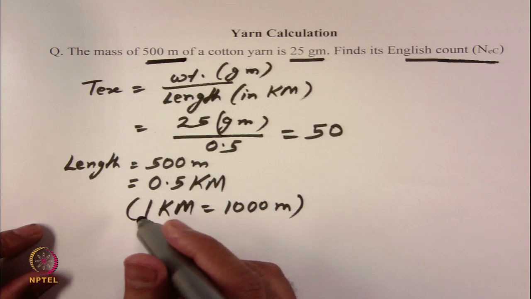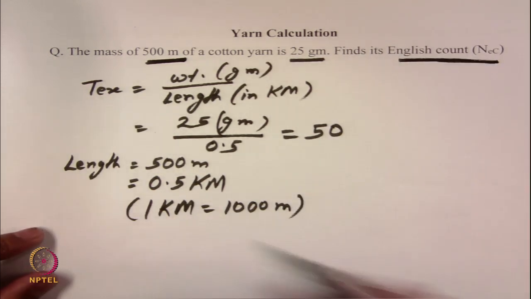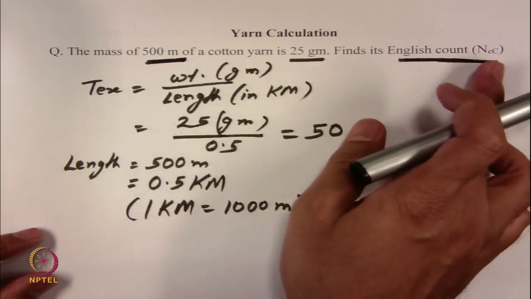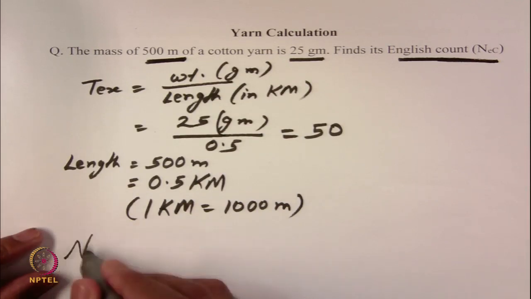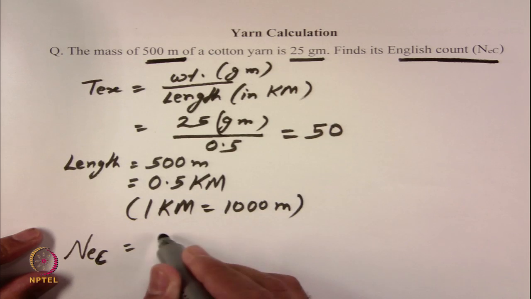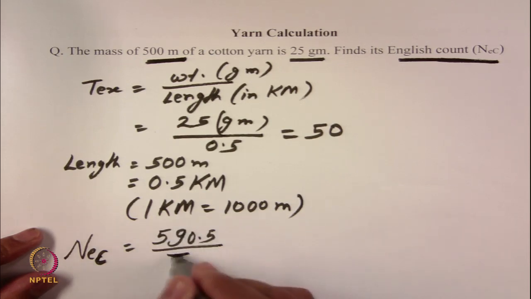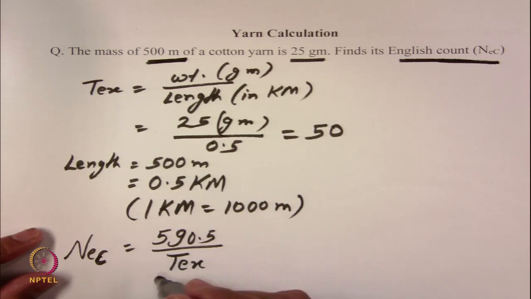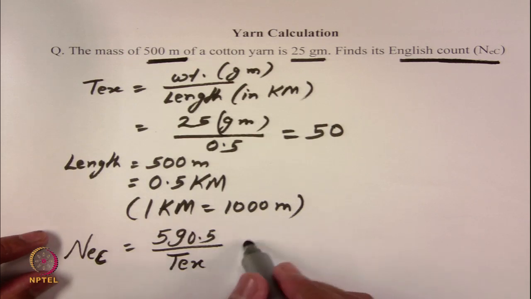Now, let us see English count. How will we find the English count? We have seen the formulas for correlating English count and tex. So, NEC is equal to 590.5 divided by tex. This is the formula, you can go and cross check the slides.